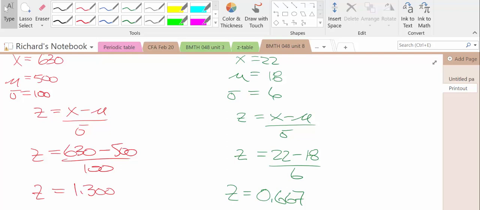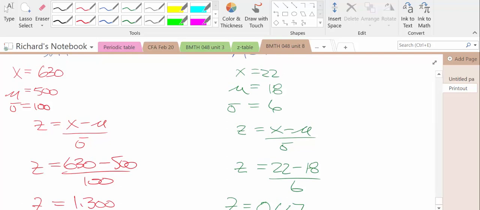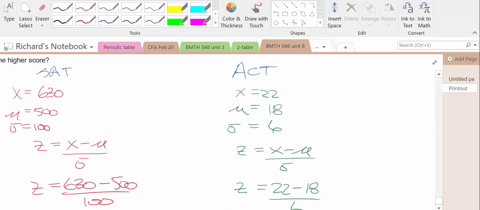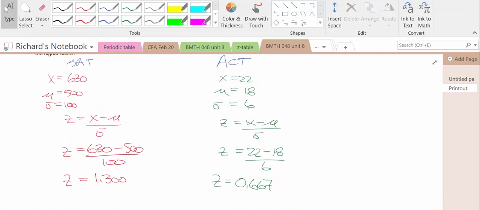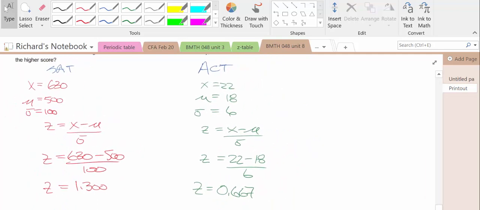Both Z scores are positive, so they're both above the mean. So based on Z score, the student who wrote the SAT test has performed better than the student who wrote the ACT test, because the Z score for the SAT student is larger.